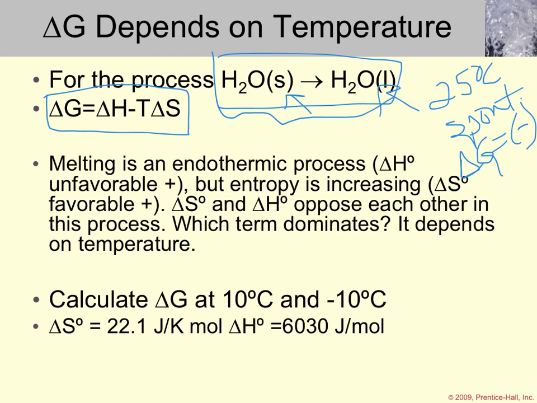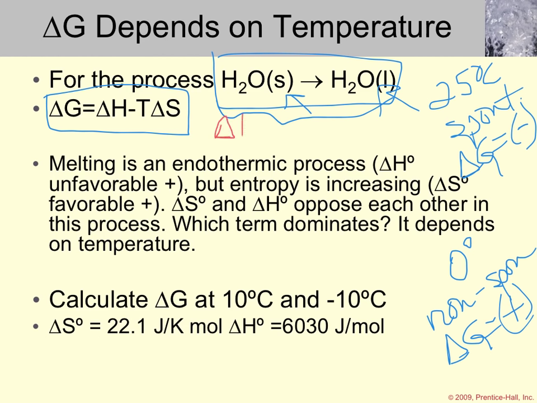But if you change the temperature to 0 degrees, is melting ice spontaneous anymore? No. It's non-spontaneous at 0 degrees, which means at 0 degrees, delta G must be positive. So let's prove that with some calculations. First of all, let's evaluate the situation. What is the change in enthalpy for this process, going from a solid to a liquid?